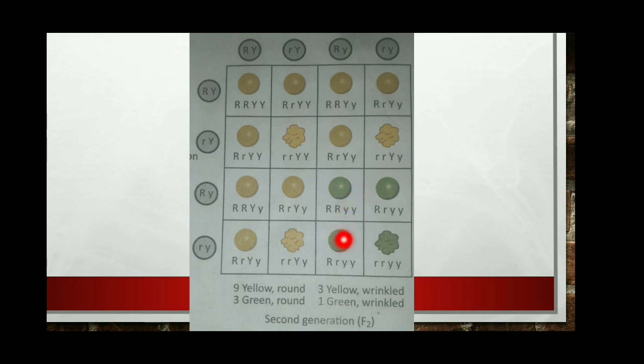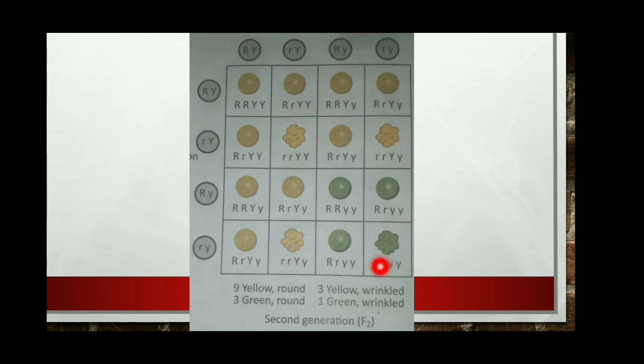Next, let's find wrinkled yellow. For wrinkled yellow, at least one capital Y and both small r must be there. Second row, second cell. Second row, fourth cell. Fourth row, second cell. So the wrinkled yellow totals 3.